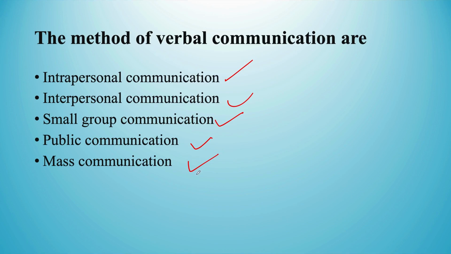Examples of mass communication are radio, television, posters, and now, as you are all very well aware, social media. The information is able to spread across the globe within seconds. So I hope these methods are clear with you.